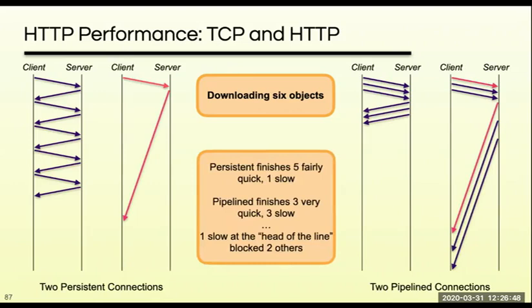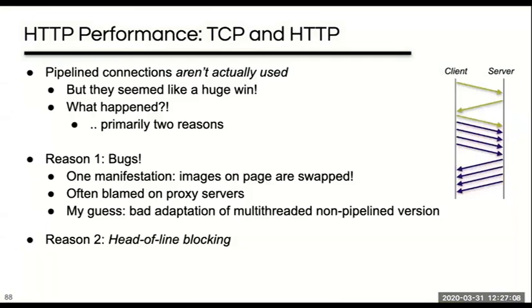With pipelined connections, 3 finish very quickly, but 3 finish slow, because the slow one at the head of the line blocks the other two. And it turns out that this issue can make user experience worse. So the other reason is head of line blocking, basically saying small requests get stuck behind big ones.